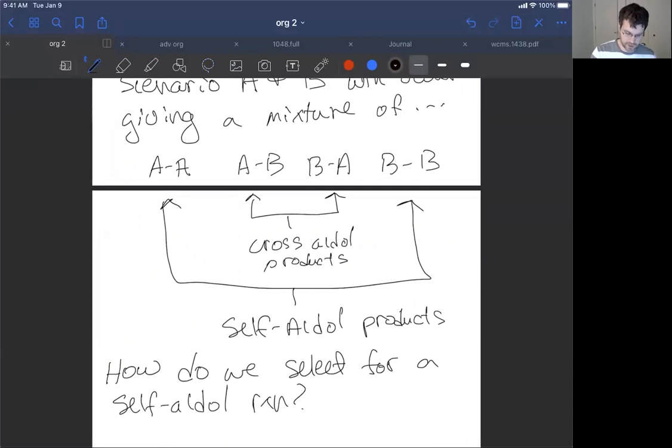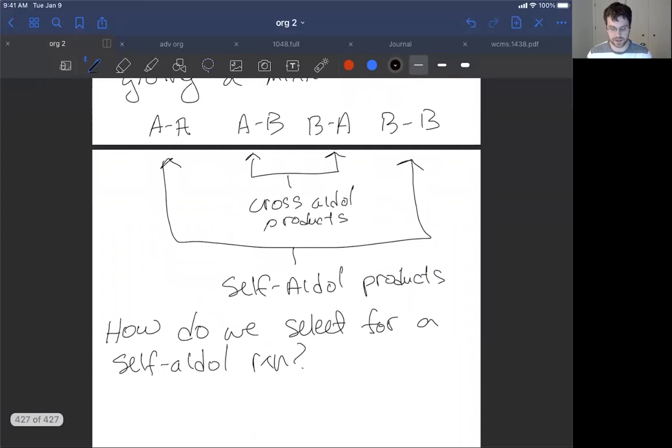How would I get AA by itself? Well, don't add any B. If you don't have any B added, then all of the other possibilities are ruled out.